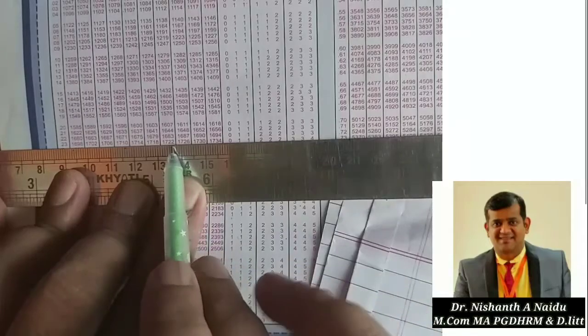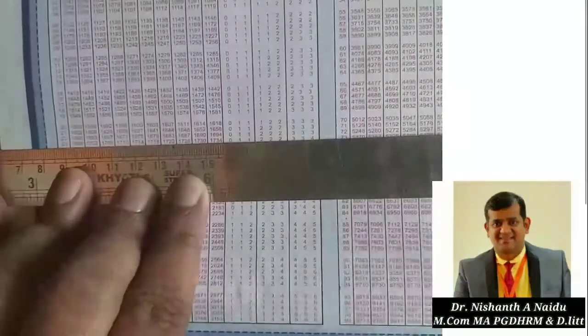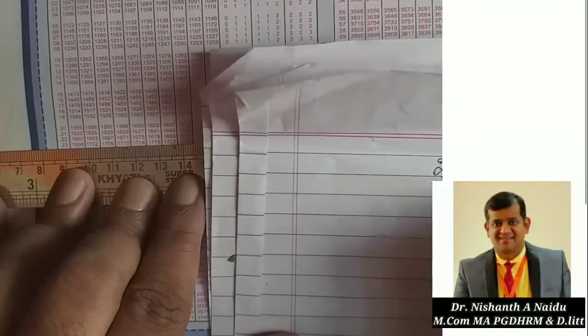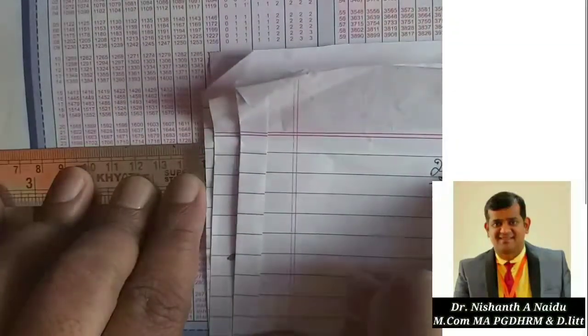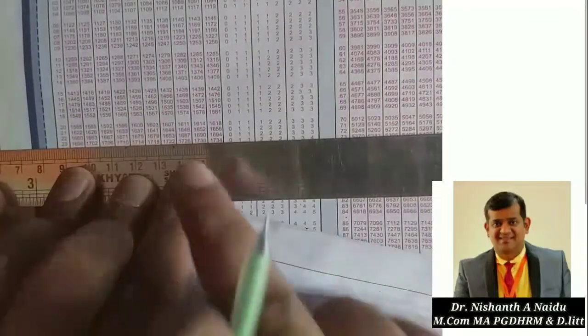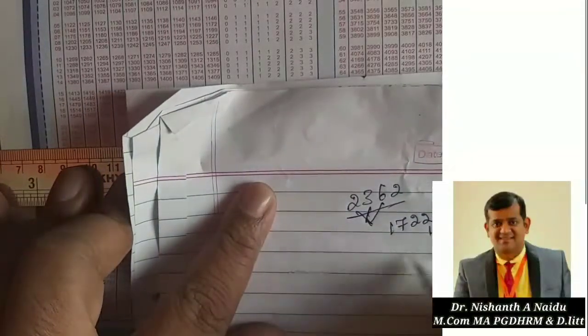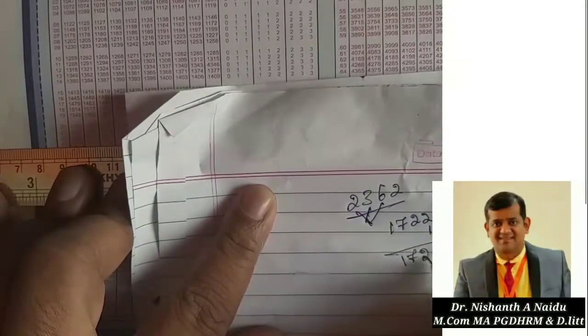Correct, 1722. Then 2 in mean difference, so 2, 1, 2, that is 1. So plus 1, that is 1723.